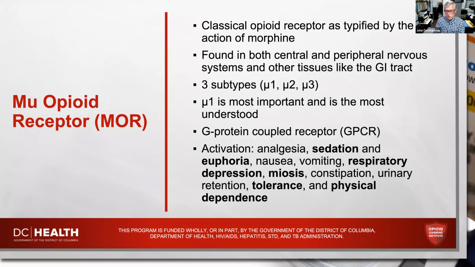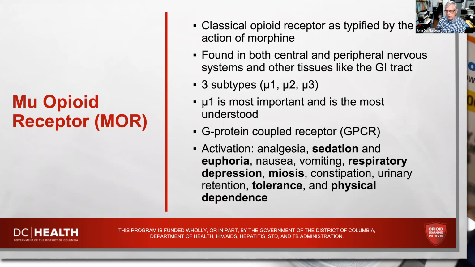As I've mentioned, it's a G protein coupled receptor, and the activation has quite a few responses. So we know about analgesia, sedation and euphoria, of course, nausea and vomiting, respiratory depression.